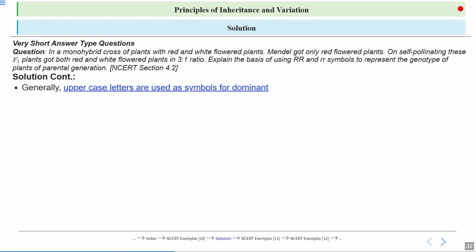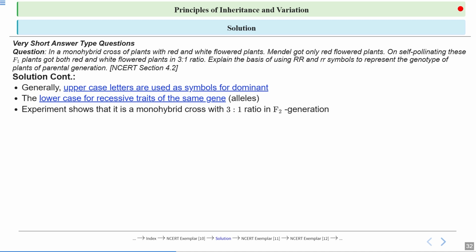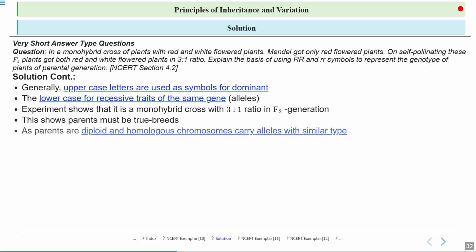Now, generally, uppercase letters are used as symbols for the dominant trait and lowercase symbols are used for the recessive trait. Clear? And in the F2 generation, you get a 3:1 phenotypic ratio. Now, both these parents are true breeding lines. True breeding lines are homozygous for the particular traits.